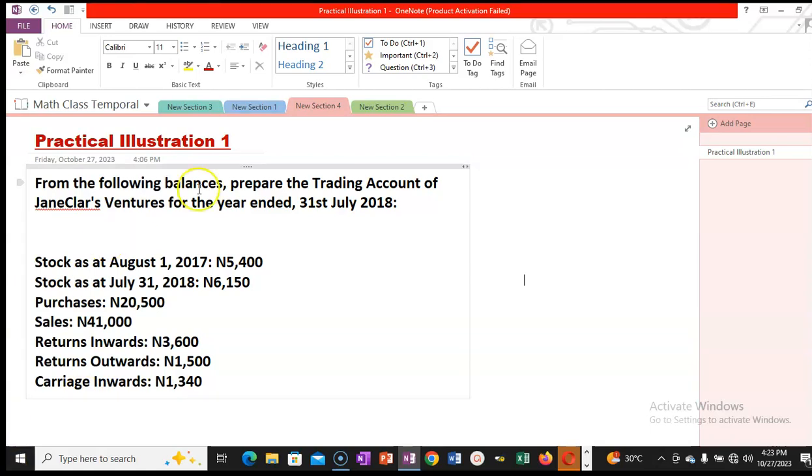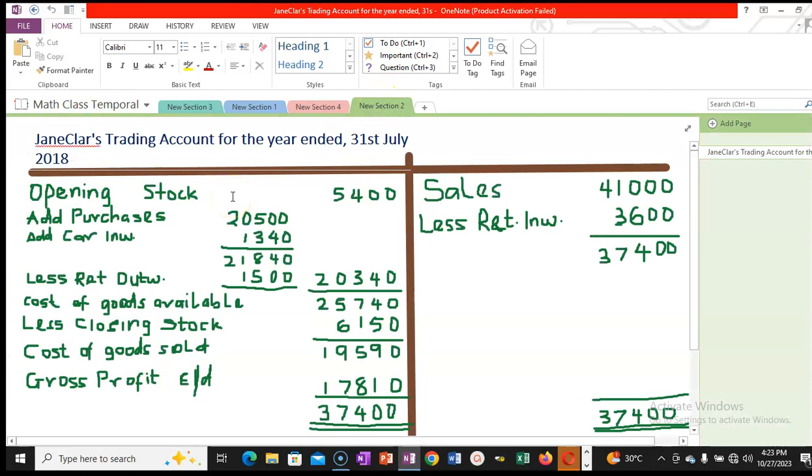Now let's go to the practical. The first thing you do when you are working on the trading account of a sole proprietor, as an accounting examiner, we tell children these things. Anytime an accounting examiner is marking your scripts, everything I'm saying now is important.